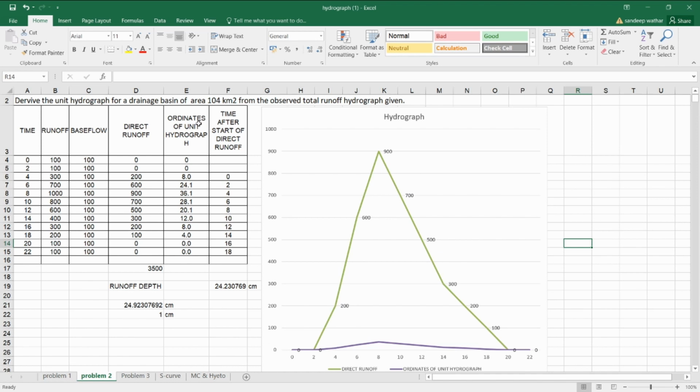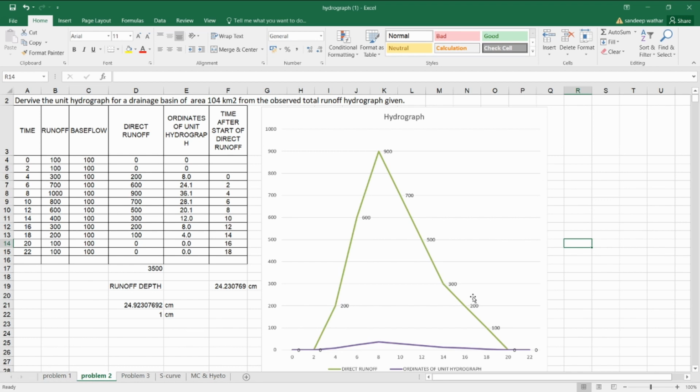So what we do is, unit hydrographs are basically derived from the direct runoff hydrographs. Previously, from the same problem, I had derived the direct runoff hydrographs. These are the ordinates representing the direct runoff, the water that is coming from the overland and from the subsurface flow. So we deducted the base flow from the ordinates of the hydrograph and calculated the ordinates of the direct runoff hydrograph.